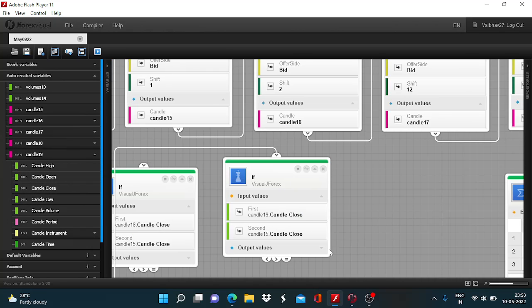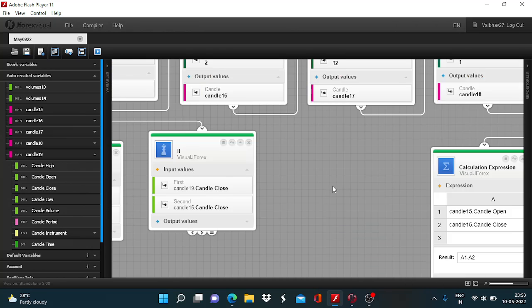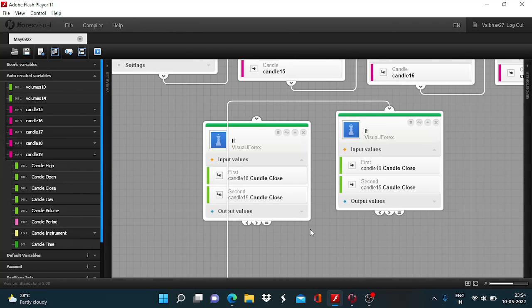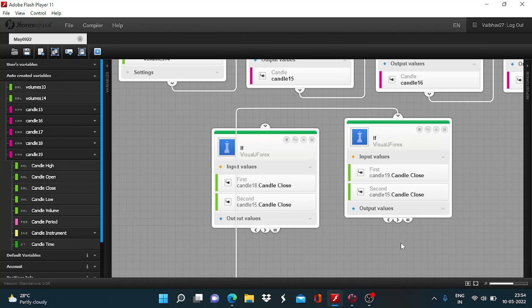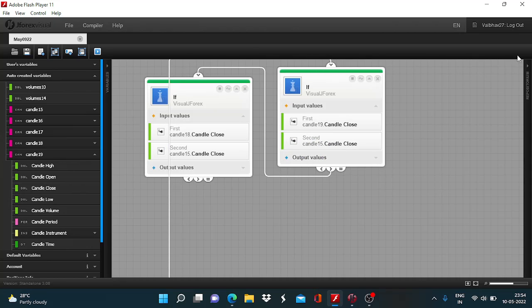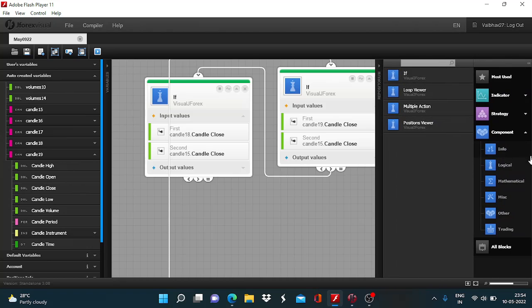So in this case, the first input should have been higher, and then in the last 10 seconds the price drops below the last hourly candle close value. So we join it: first input greater than second input, and after this we will get the trade command block, which is going to be a pending open order.